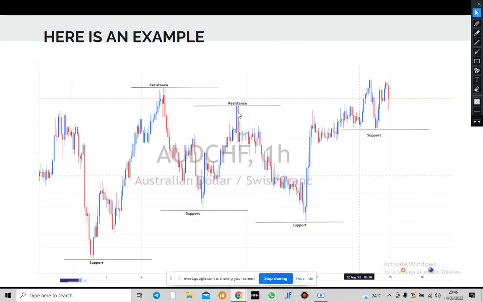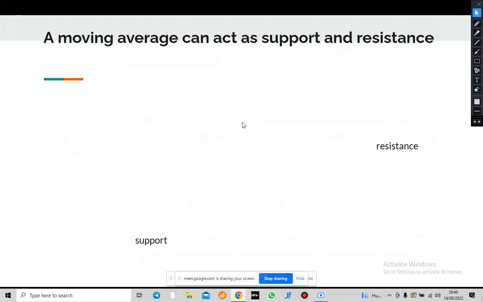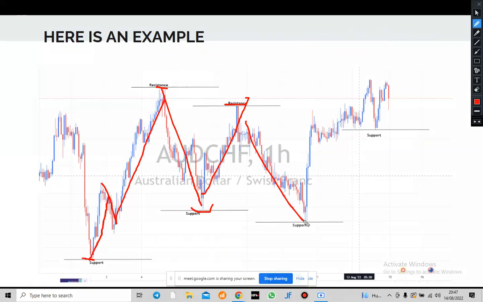Here is an example. Look at the chart. This is the support. The price rises, drops, continues. We have the resistance, it drops again. We have the support, it drops, resistance, it drops, support, it rises, resistance, then drops, then becomes support.